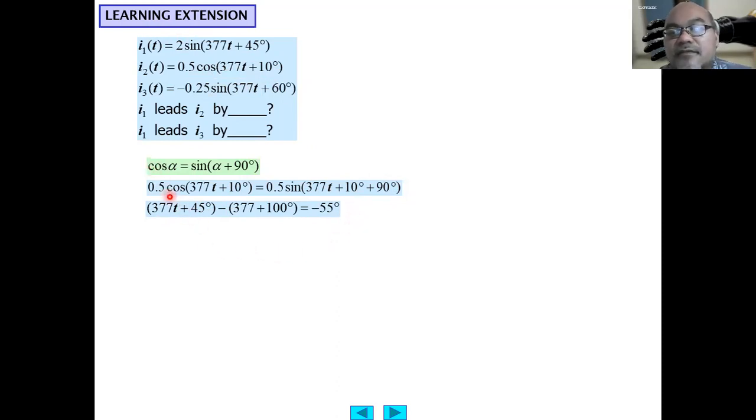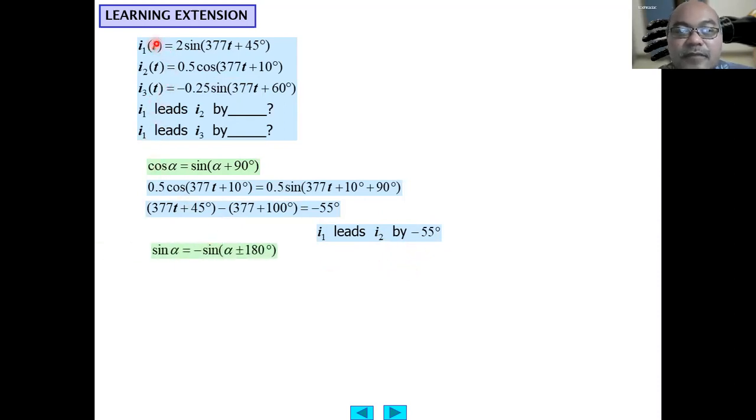So I1 leads I2 by minus 55 degrees, or basically I1 lags I2 by 55 degrees. I2 leads I1 by 55 degrees. Different ways of expressing the same fact.